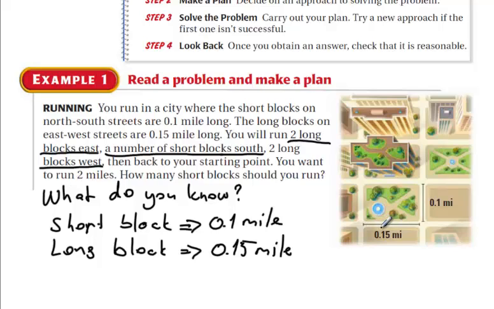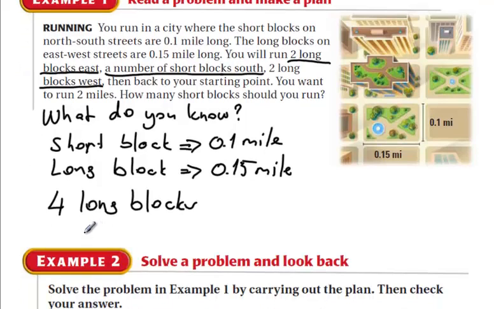We are going 2 long blocks east, then 2 long blocks west, so totally we run 4 long blocks, right? And a number of short blocks, then we come back. So we run a number n of short blocks. Since we make a kind of rectangle, we have to double our number of short blocks. So this is actually what we know.